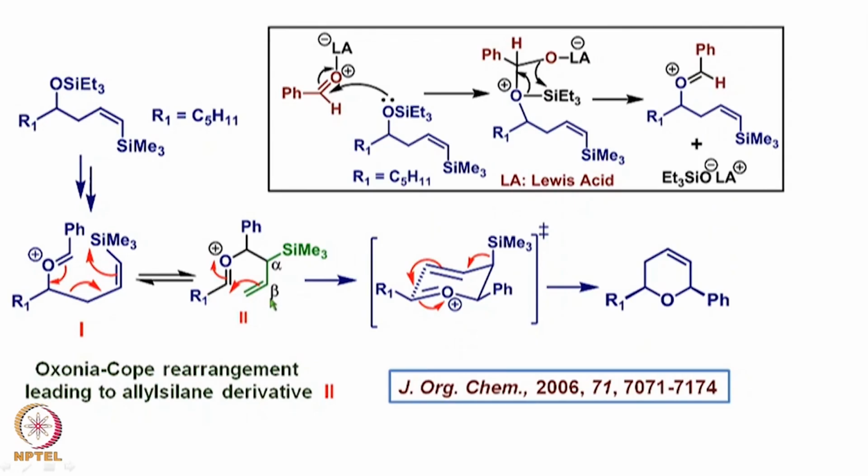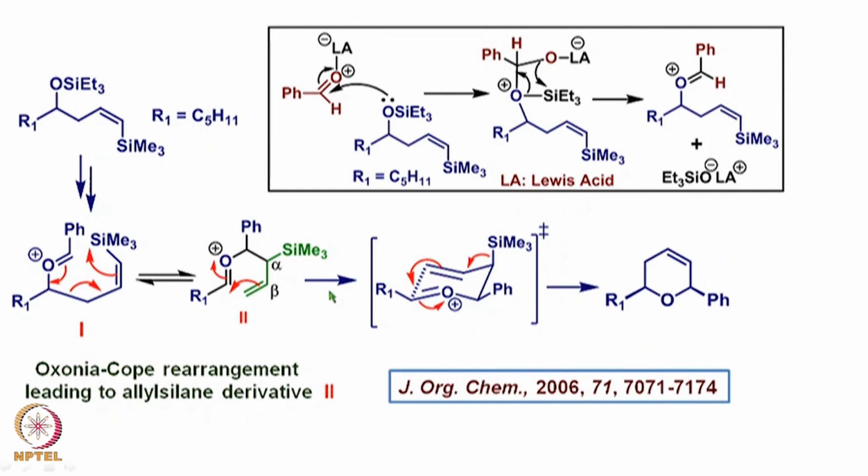Now this allyl silane derivative, as you can see, can easily undergo pi cation cyclization the way I have shown, in such a fashion that we generate a carbocation on this particular position, which is a beta position with respect to the silicon, and therefore there is stability of the cation by the beta silicon effect.